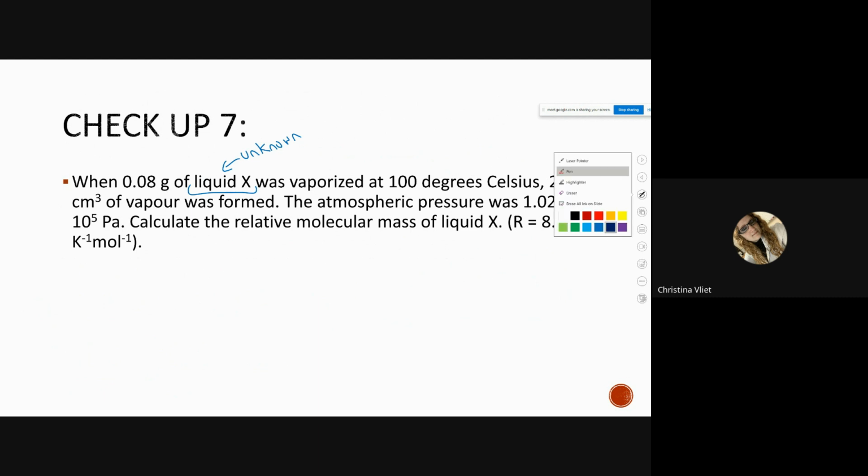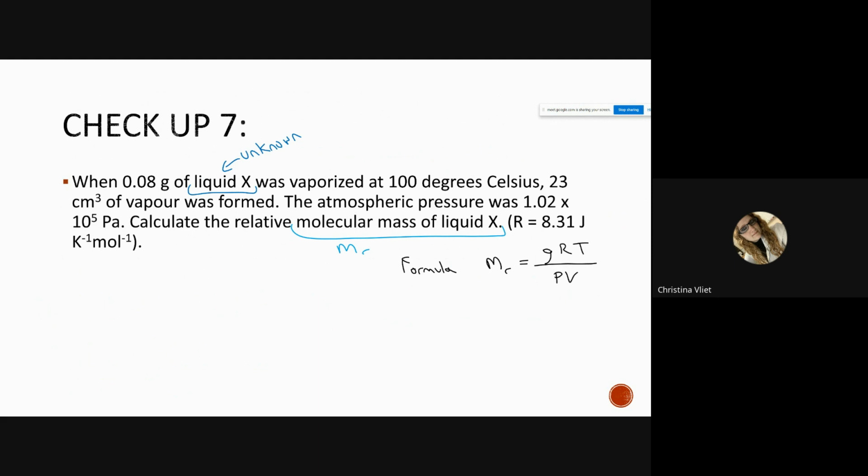So first thing, do you know what we're being asked for here? That's a good place to start, right? What's the question asking for? So we're looking for MR, or molar mass, right? So we know a formula for that. You're either going to have to memorize it or you can find it. What's the formula? GRT over PV. That's the formula.